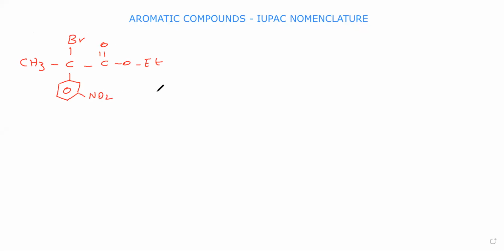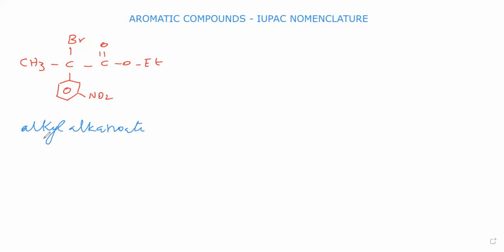Now in this compound, what is the main functional group? You see, the main functional group is ester. For ester, what is the name? Ester name is alkyl alkanoate.